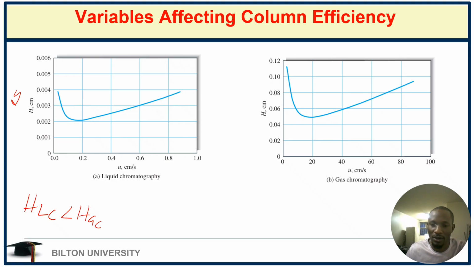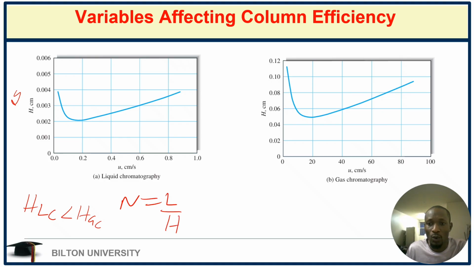So gas chromatography has a higher flow rate than liquid chromatography, and I'm going to explain why. The plate height of liquid chromatography is way smaller compared to the plate height of GC.